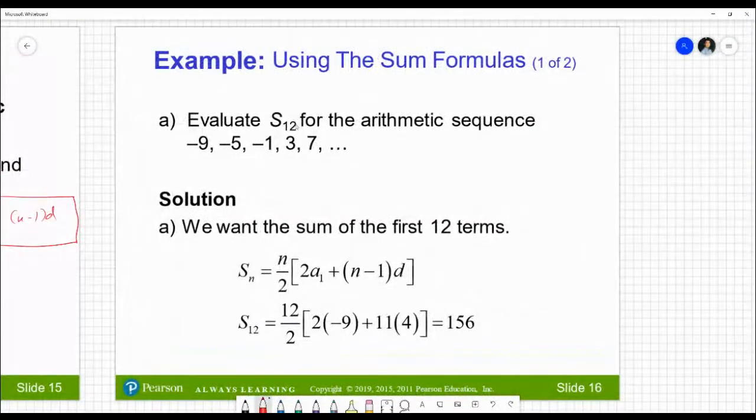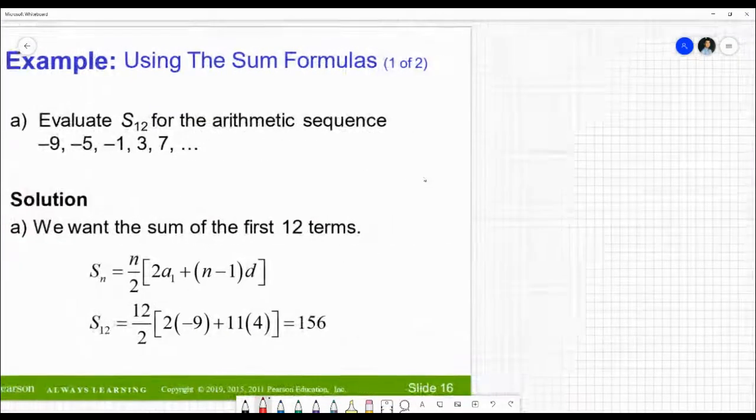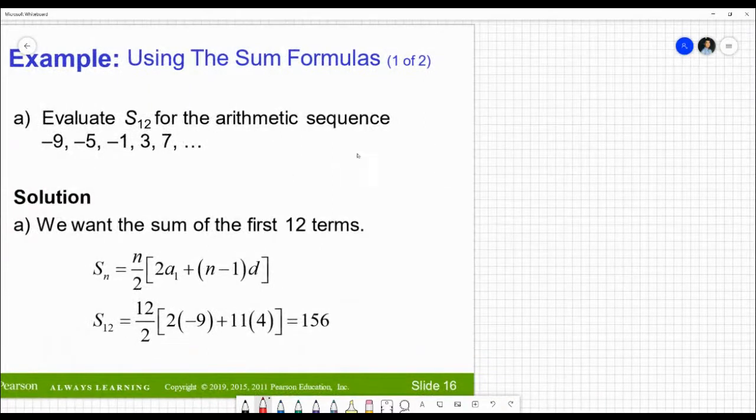All right, so S12. We need to find the sum of the first 12 terms. Let's look at our formula again. So there are a few things we need. In order to get to S12, we know that N is equal to 12. A1, we can find that because it's given right here. That's just the first term, -9.